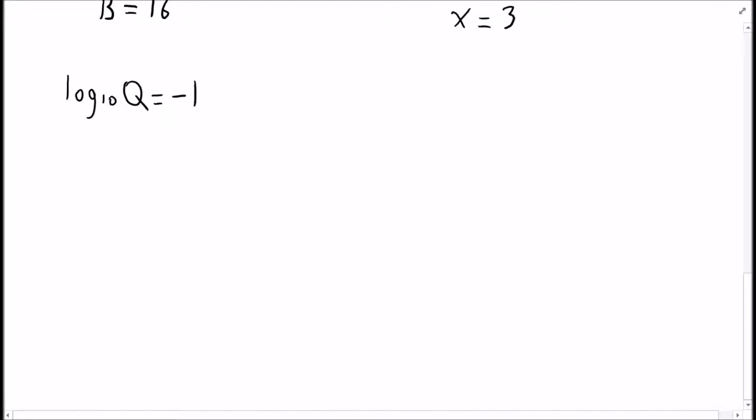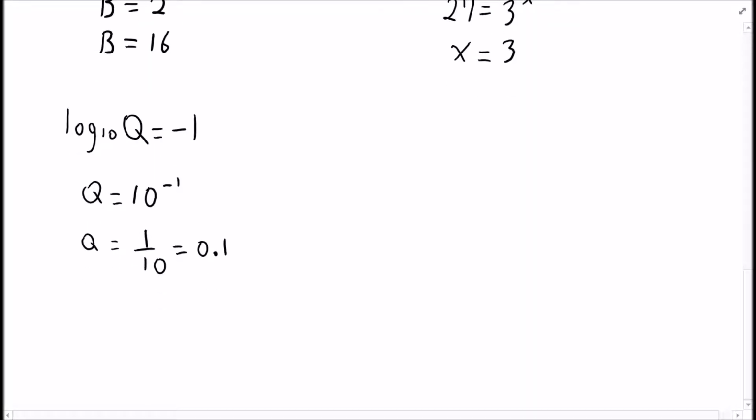So that's the value, q, is equal to the base 10 to the negative 1. And 10 to the negative 1 we could write as 1 over 10, or if you like 0.1 if we were going to write it as a decimal. So that was example 6.